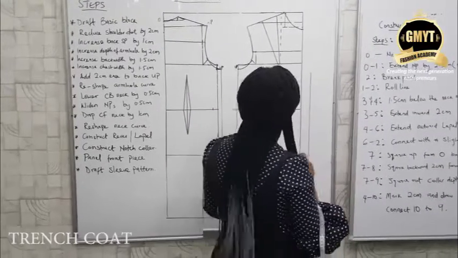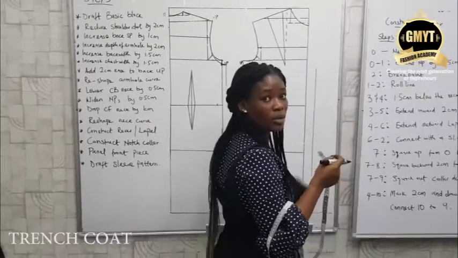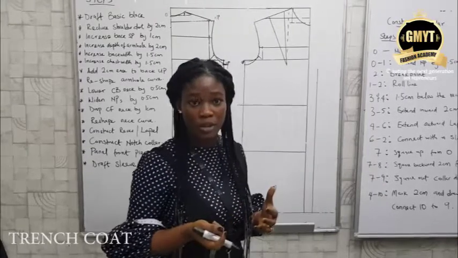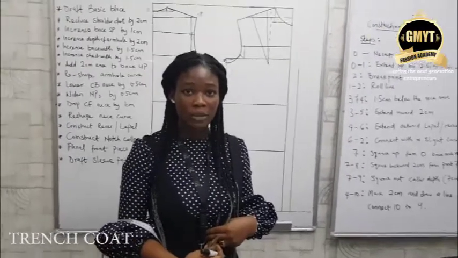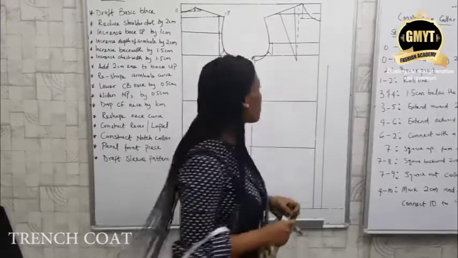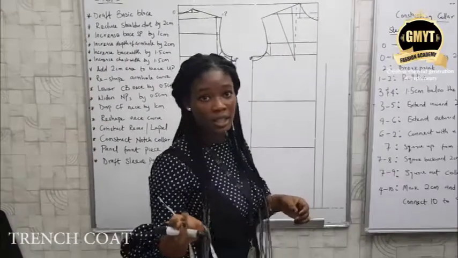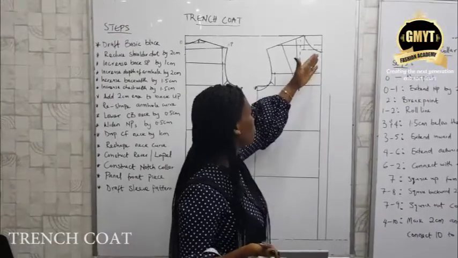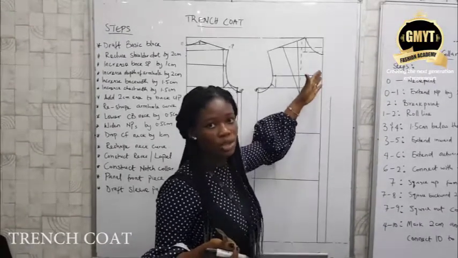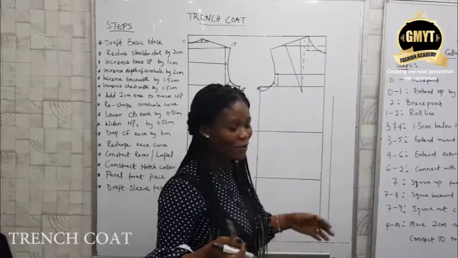So how do I get my roll line? I need to get my break point first. My break point is that point whereby your jacket overlaps, where that button starts from. So to get your button point, it's your choice, you can choose anywhere from your center front.